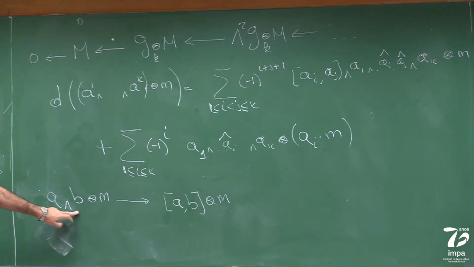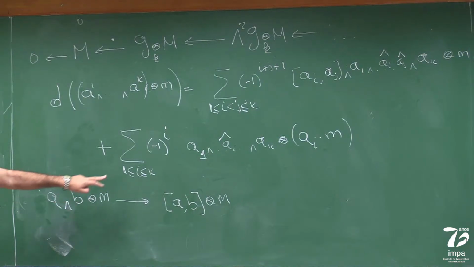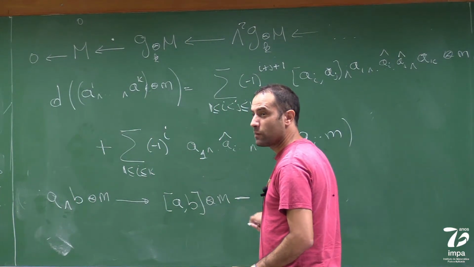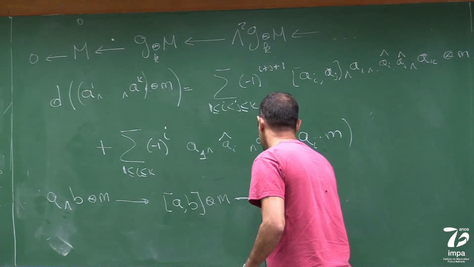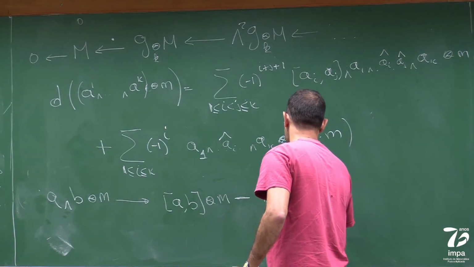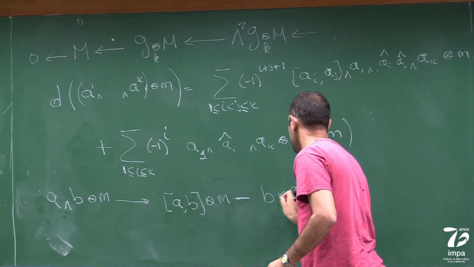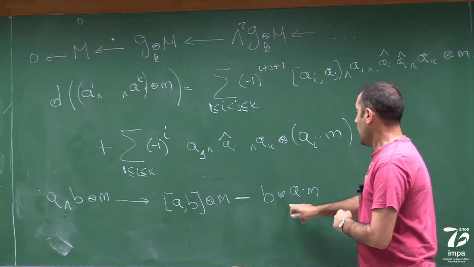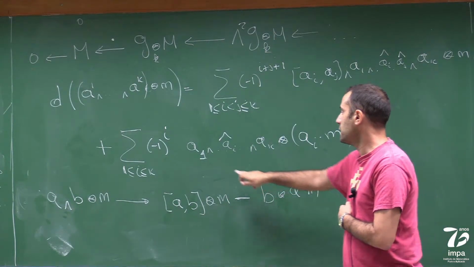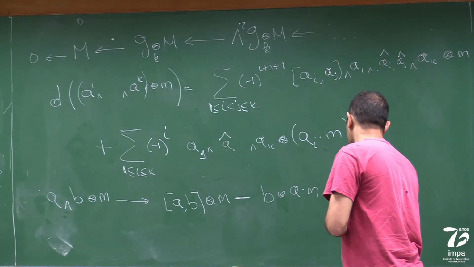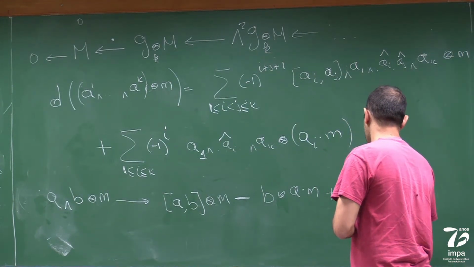And here I have two terms. There's a minus when I is equal to 1, and it's going to be B wedge A acting on M. Sorry, there's no wedge. It's a tensor. So this is because I is equal to 1. That's this sign. And then there's a plus when I is equal to 2, which is A tensor B acting on M.